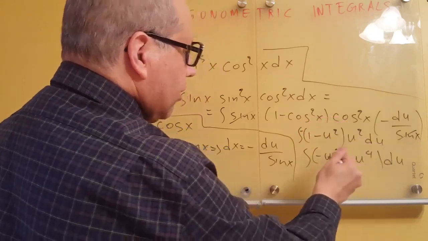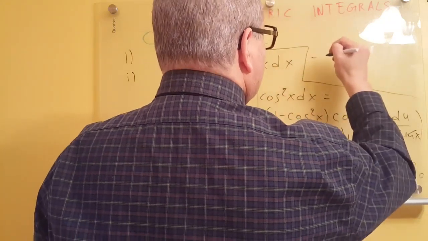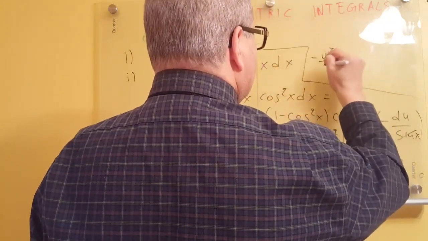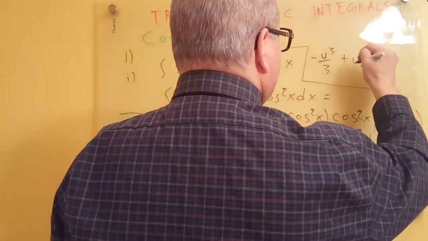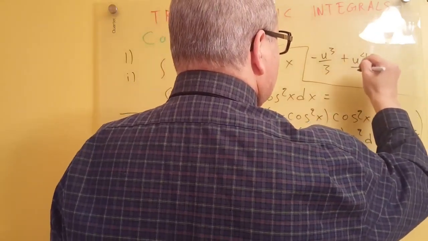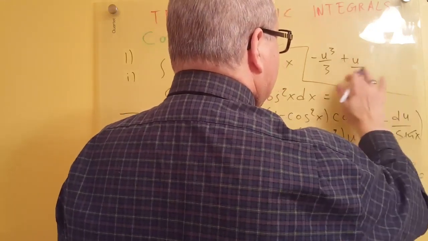So the integral of this here is minus u to the 3rd over 3, and the integral of this here is u to the 5th over 5, sorry.